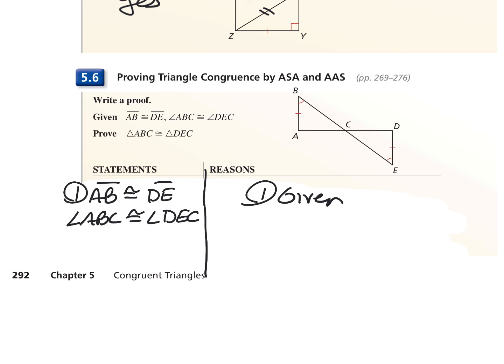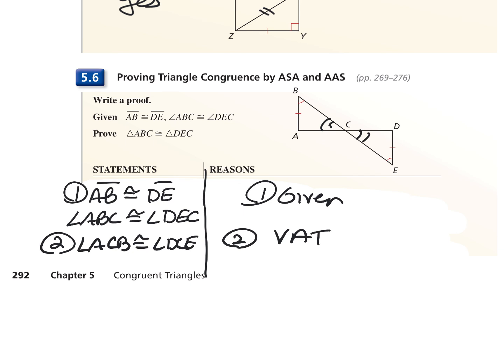And let's see what we need. It says to either use angle side angle or angle angle side. So I've got my bow tie here, so I can add in a congruency mark for the vertical angles. So my next statement could be that angle ACB is congruent to angle DCE. What's important here is that the middle letter is a C. Vertical angles congruence.